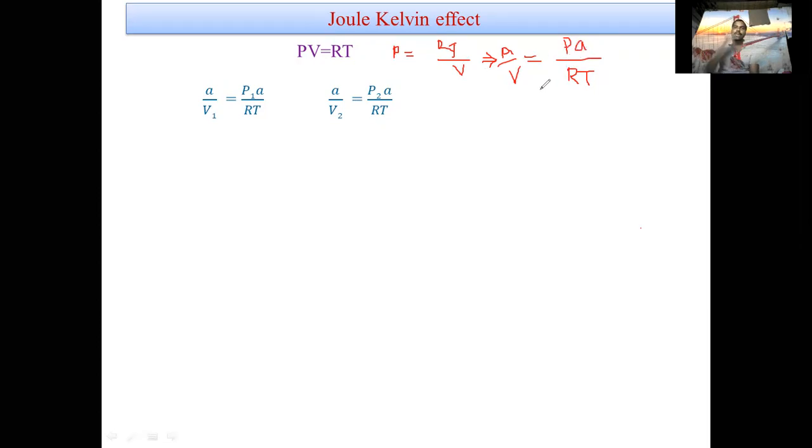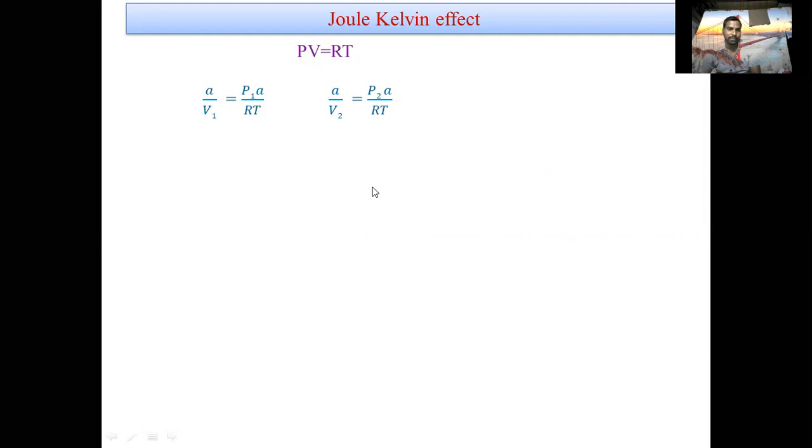Now again we write V1 and V2: a/V1 = P1a/RT, and a/V2 = P2a/RT. Now all these values are substituted in equation 3.